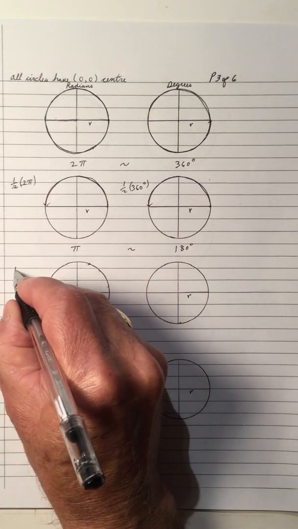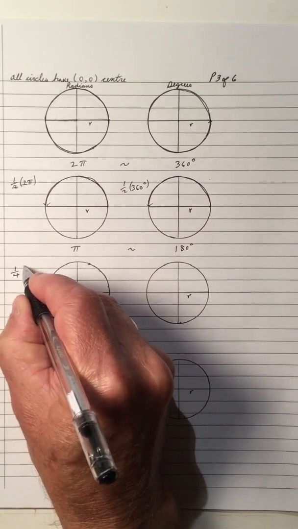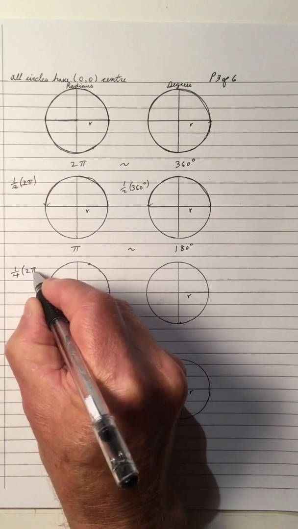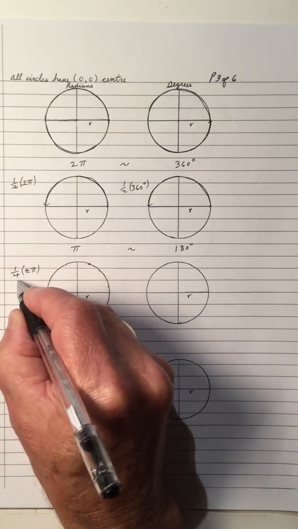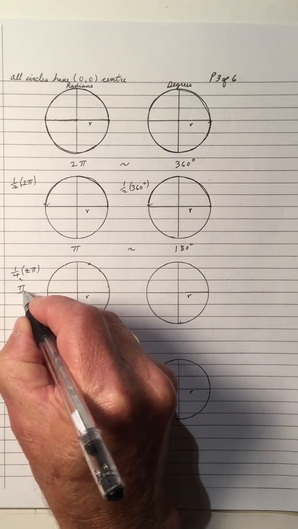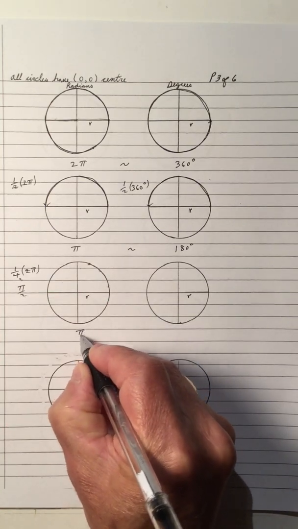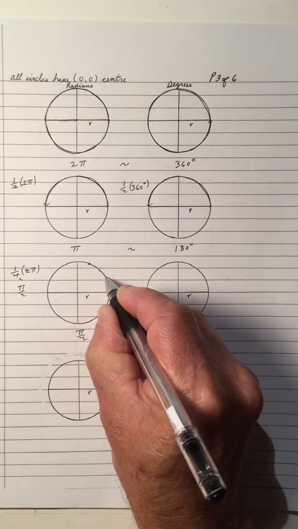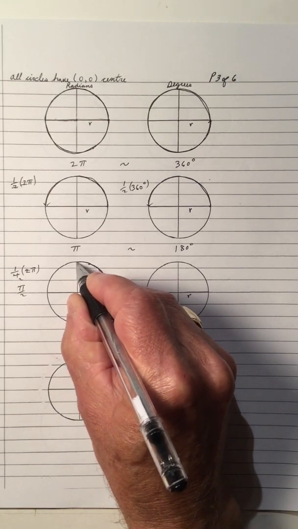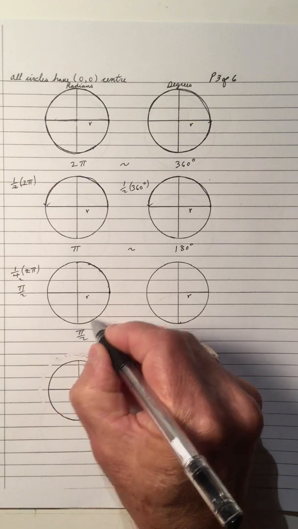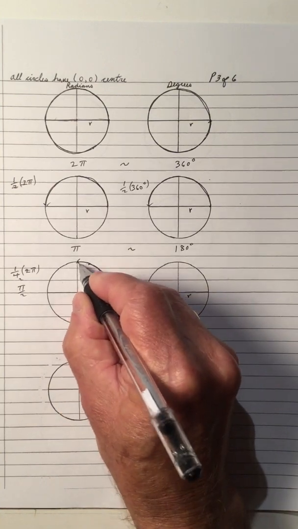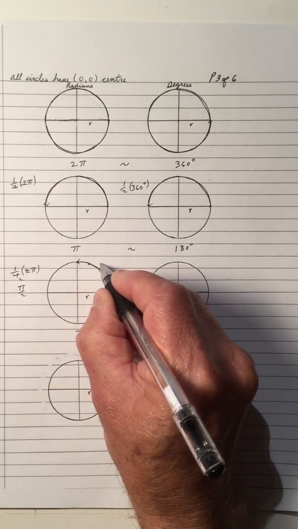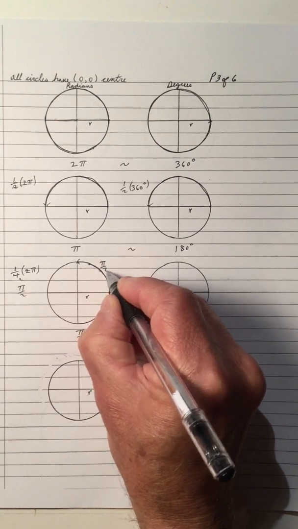And what about if we rotate 1/4 the way around? So it's 1/4 of 2 pi, and they cancel, and I get pi over 2. So pi over 2, from this point, is 1/4 the way: 1/4, 2/4, 3/4, 4/4. So this rotation here is pi over 2.